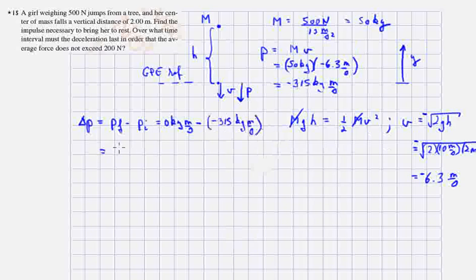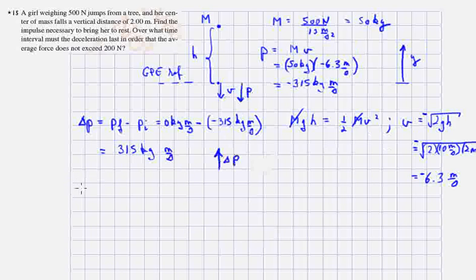So in other words, delta p is equal to 315 kilogram meters per second. As expected, the impulse required is going to be upwards. That's the delta p. It has to be upwards to stop the p that was initially downwards.